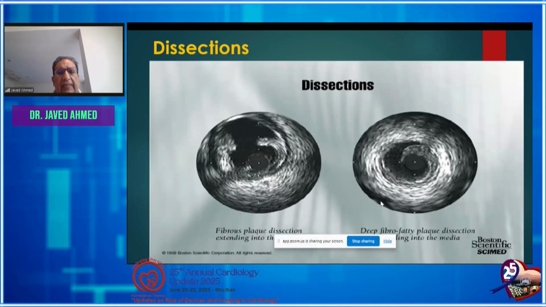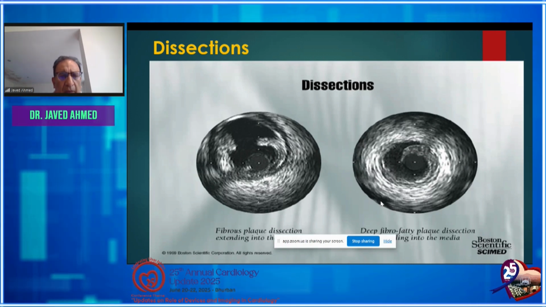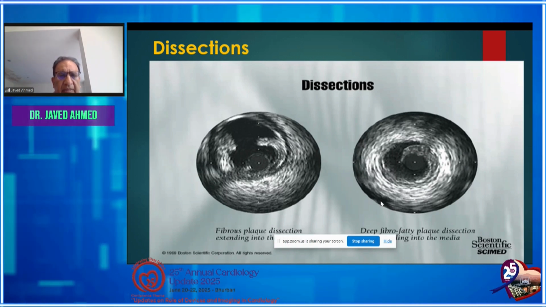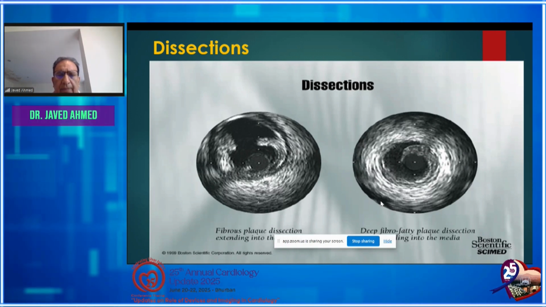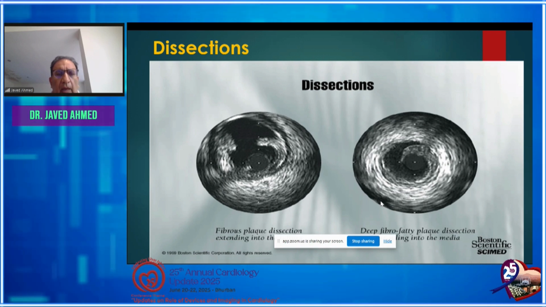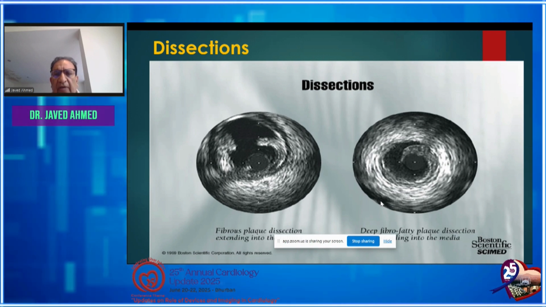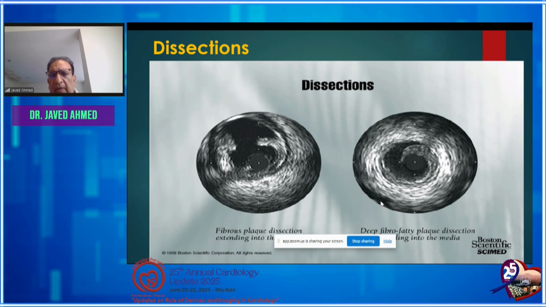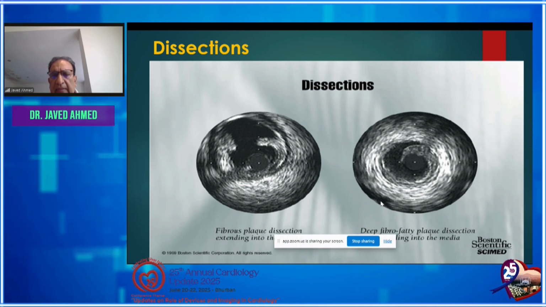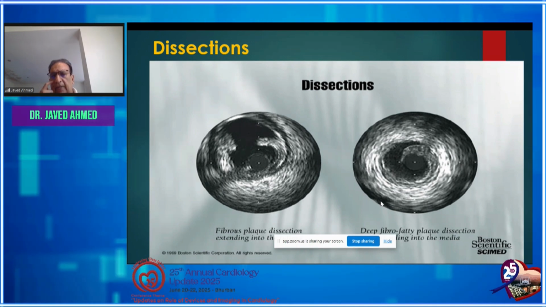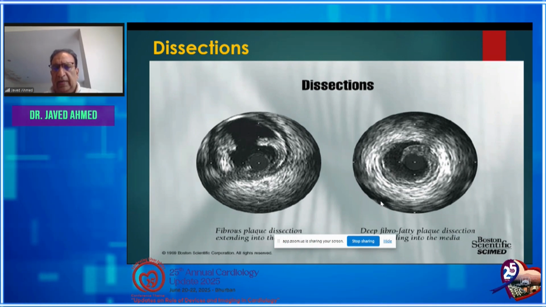So this is an example of fibrous plaque dissection extending into the intima on the left hand side, and on the right hand side there is fibrofatty plaque dissection extending into the media.